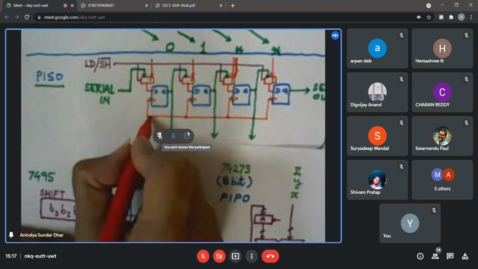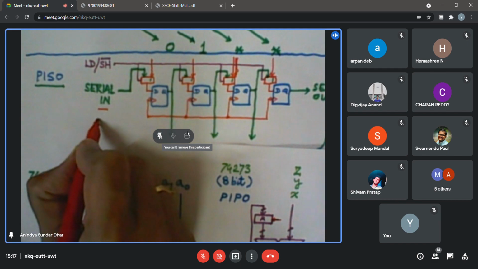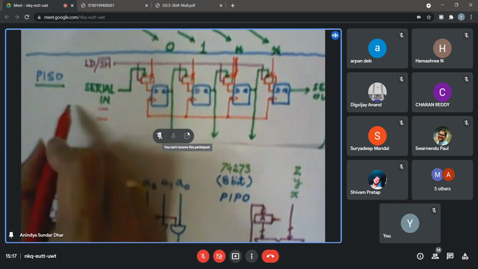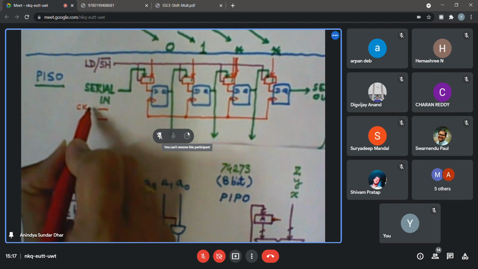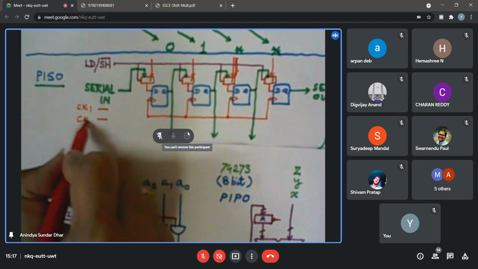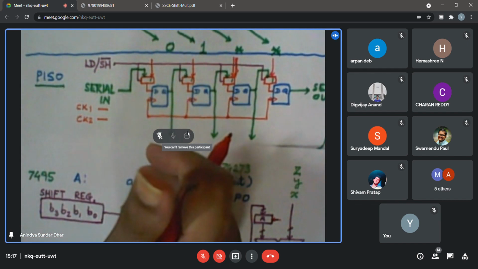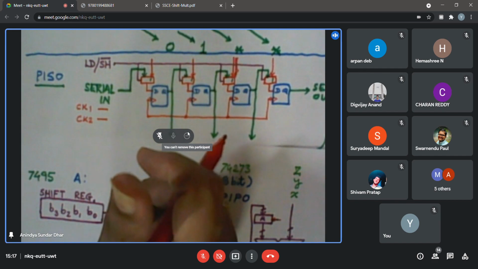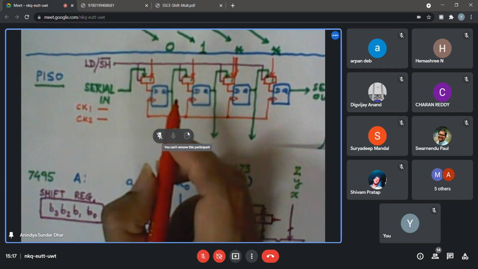So now there are two clocks. They are showing one clock for shifting and another clock, probably calling them clock 1 and clock 2. One is for shifting, another is for loading. So what do you feel? How can I feed these two clock signals into a single clock signal?